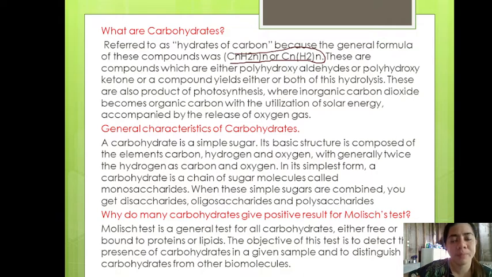These are also products of photosynthesis, wherein inorganic carbon dioxide becomes organic carbon with the utilization of solar energy, accompanied by the release of oxygen gas.